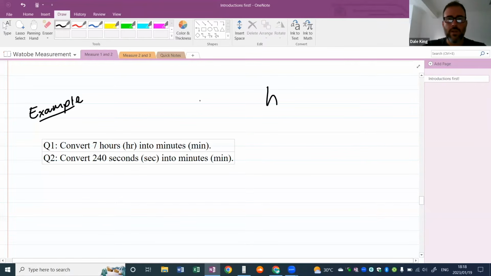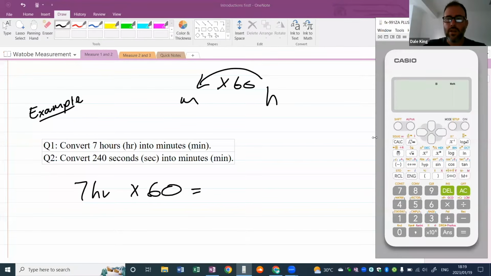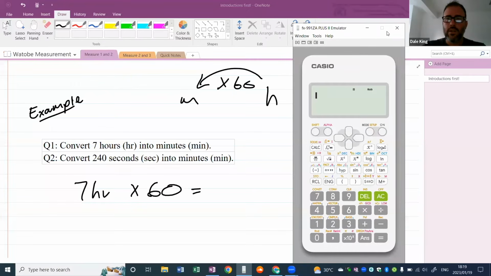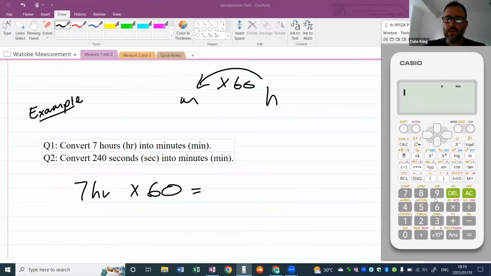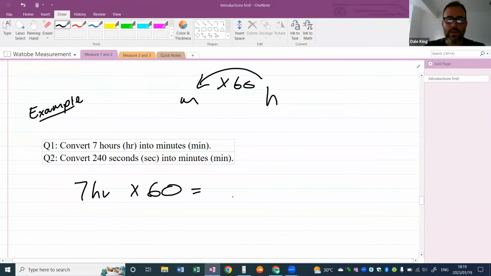So if we're going from hours to minutes, we're going to go this way. We know we need to times by 60. All right, so we're going to say 7 hours times by 60. And just get your calculator out. We say 7 times 60, and it'll give us 420.